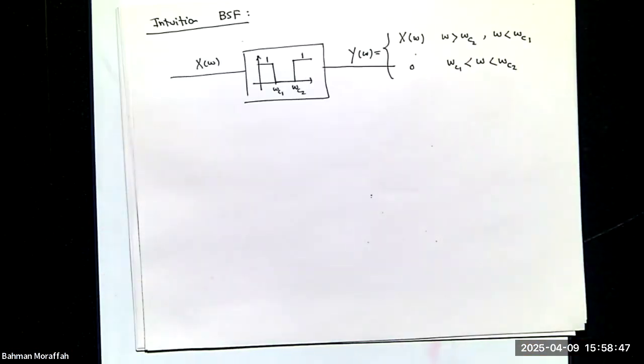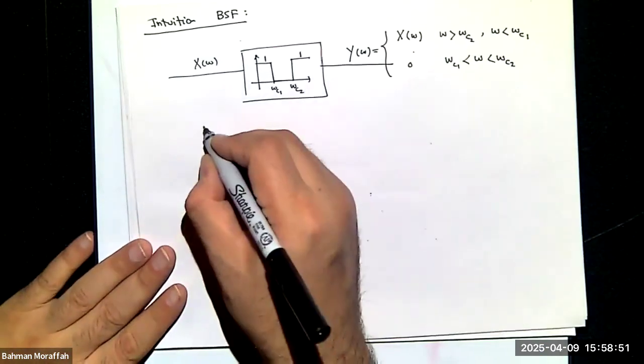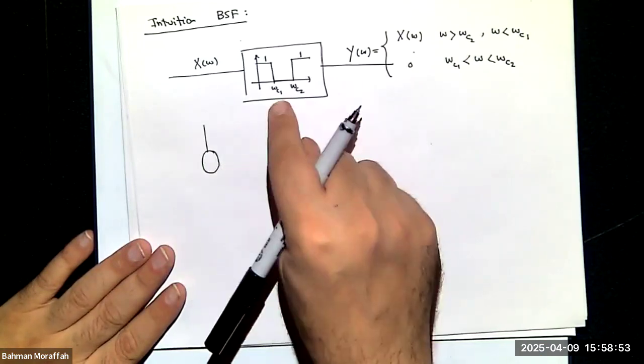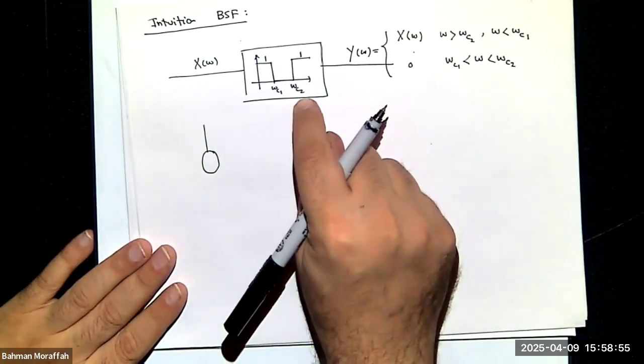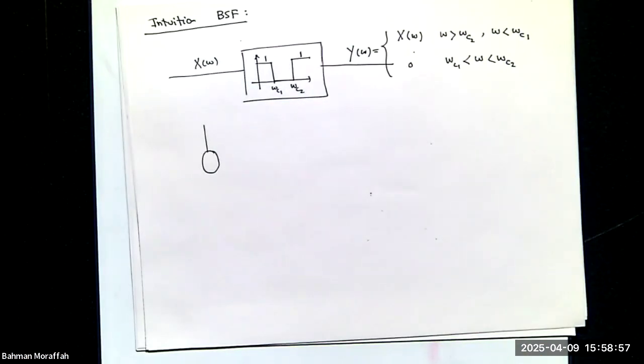Right? So if I build this circuit, again, I have two cutoff frequencies. I cannot build it with a first order circuit. I have to build it with a second order circuit.